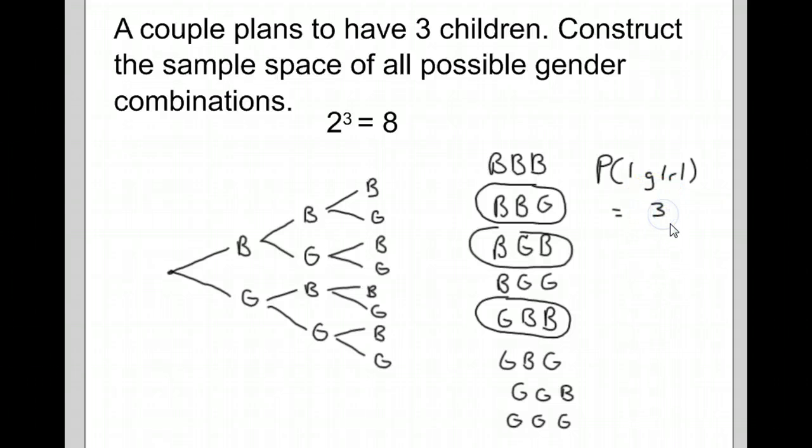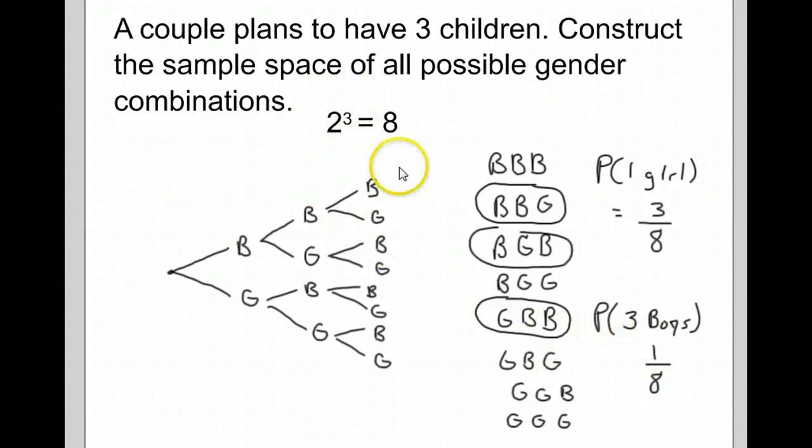There's 3 out of 8. Okay, so 3 possible ways that it's satisfied divided by the 8. Alright, now I could also do something like the probability all 3 are boys. Well, that's this top one, and there's nothing else that has all 3 boys, so 1 out of 8.